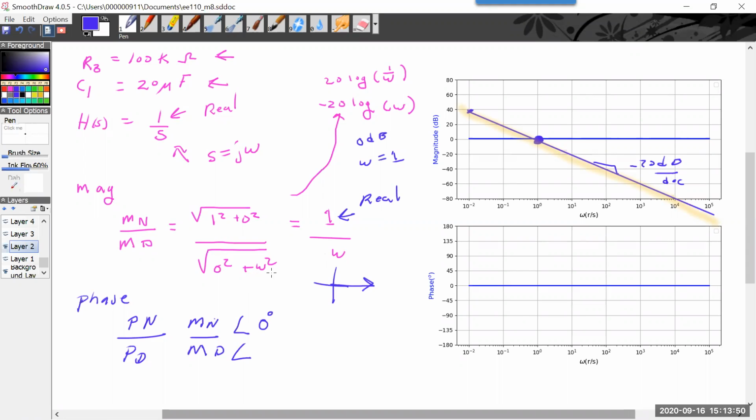And then here, it was all imaginary, right? So that's 90 degrees, which when we convert, the magnitudes are 1 divided by the other, but then the phases are subtracted, so it's minus 90 everywhere. All right, so I just have to come down to minus 90. It's constant everywhere.